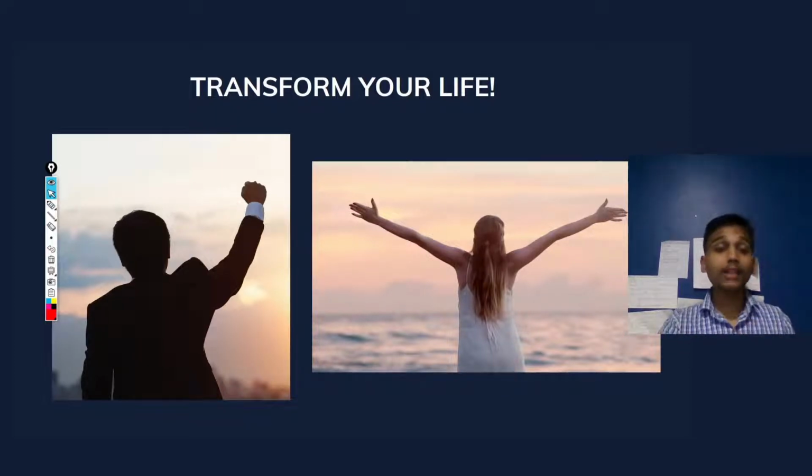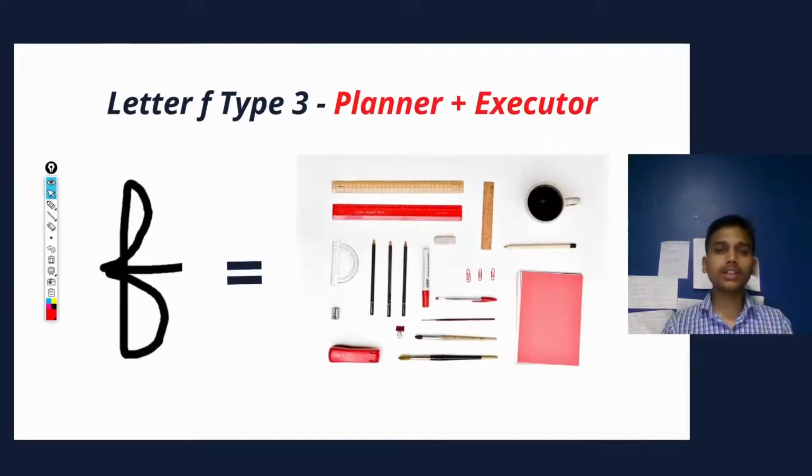Another thing is that we have structured the course with a sample and an image explaining the meaning of the letter. So for example, here you can see F. This is an ideal F which everyone should have. On the right side, you can see an image. It shows an organized way, right? So it shows that the writer is an organized person.